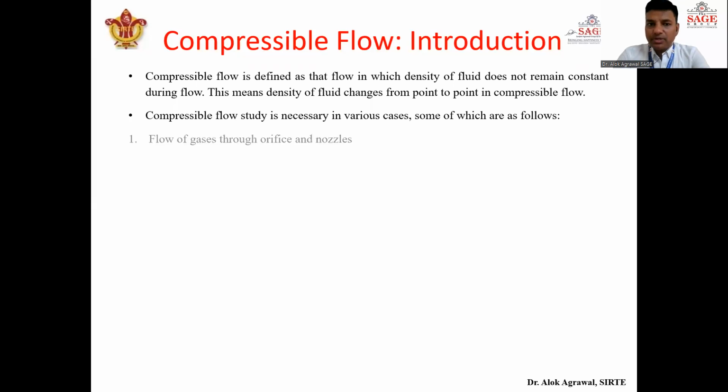Some examples are flow in orifices and nozzles, when gas flow takes place, because any gas is a compressible fluid. Flow of gases in machines such as compressors is also an example, where the density changes point to point because the cross section area is changing in the compressor, and because of the change in cross section area, density varies.